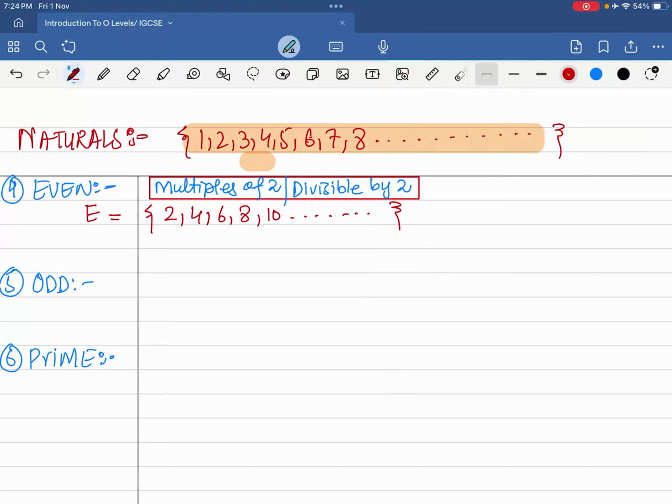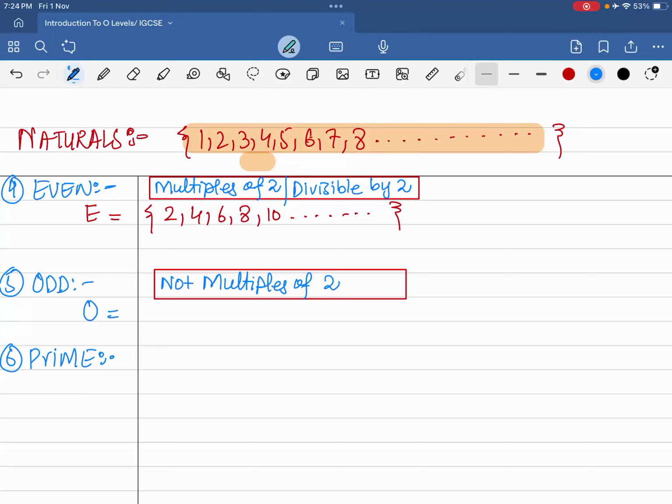All right, good job. Then we have the odd family, which are numbers that are not multiples of 2. I can say that natural numbers are typically distributed among two types, even and odd. Can I say that?